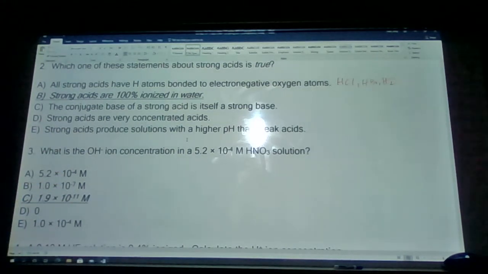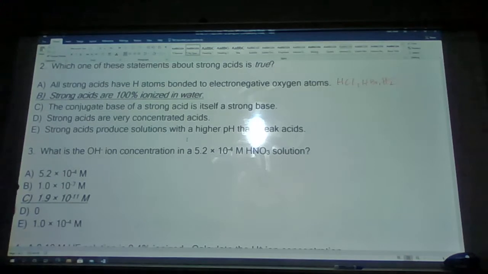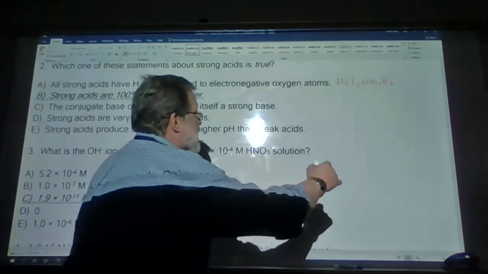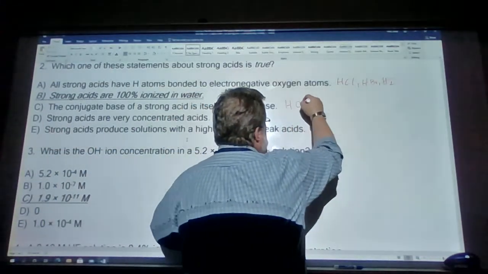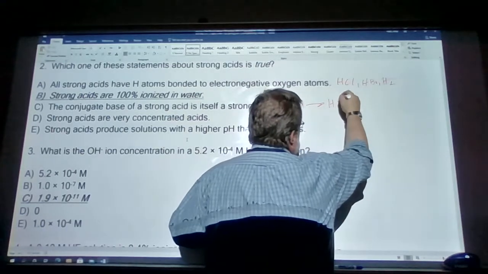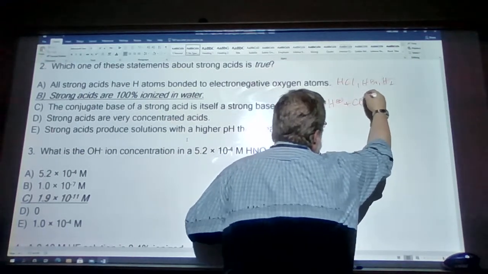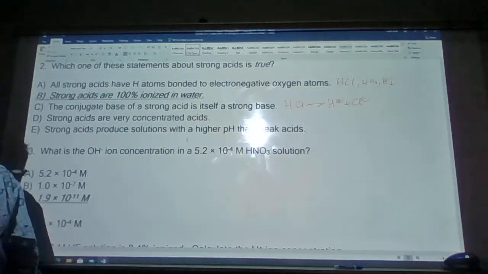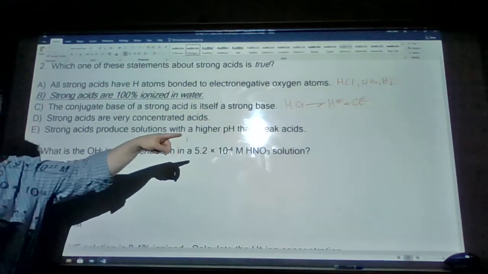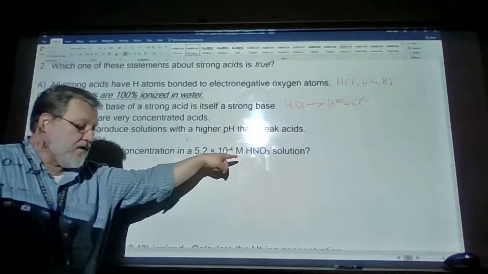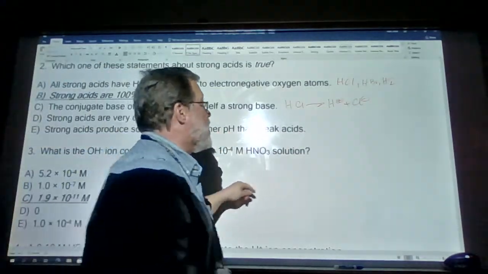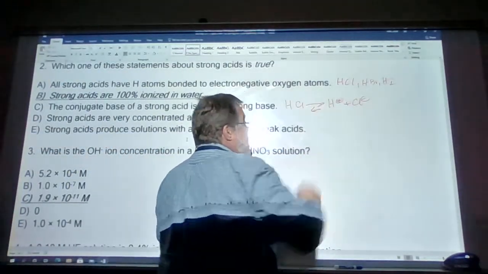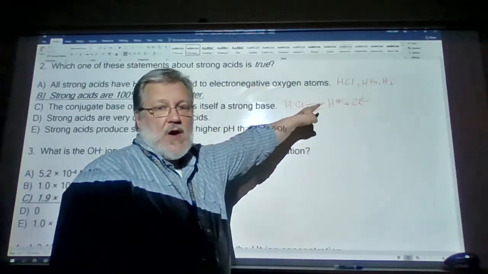The conjugate base of a strong acid is a strong base itself. As I said in the previous problem, a strong acid breaks up into H plus and Cl minus. If the Cl minus, the conjugate base of the strong acid, had any strength whatsoever, we would draw at least some reverse equilibrium arrow.